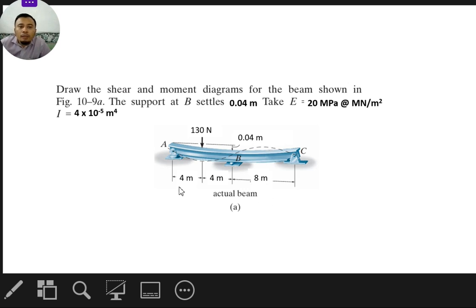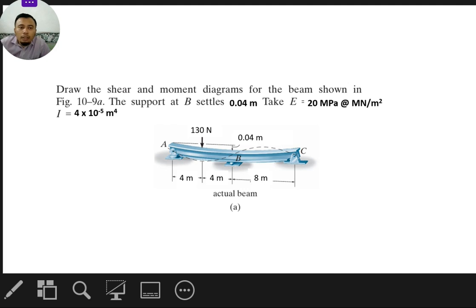compatibility equation. So as you can see, the span of the beam is 16 meter. You have a load acting on the first segment of the beam, A to B. In the middle is 130 Newton.